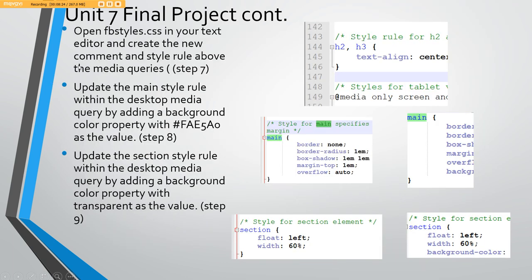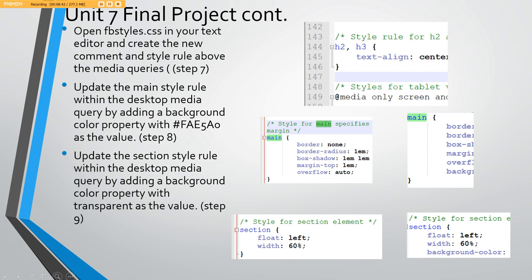So then you're going to go to the style sheet, and you're going to create a new comment and style rule above the media queries. The media queries start with styles for tablet.